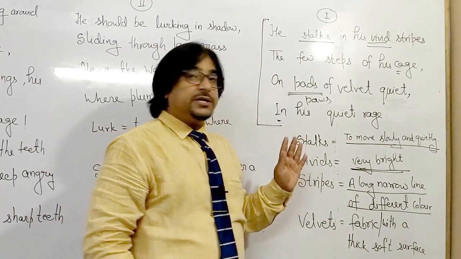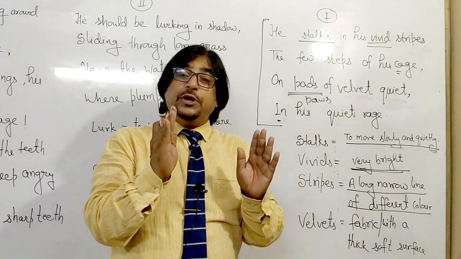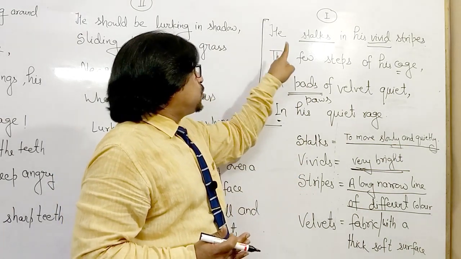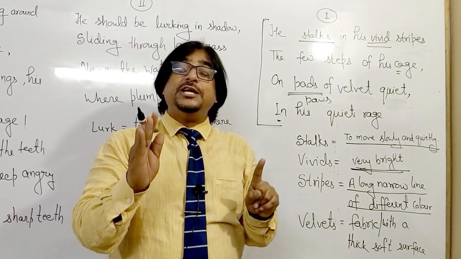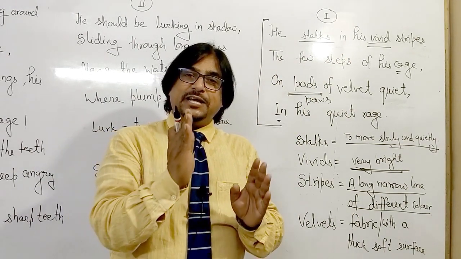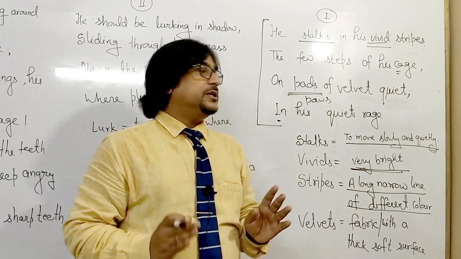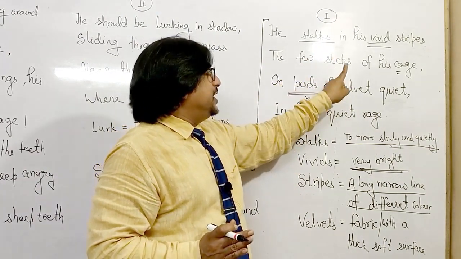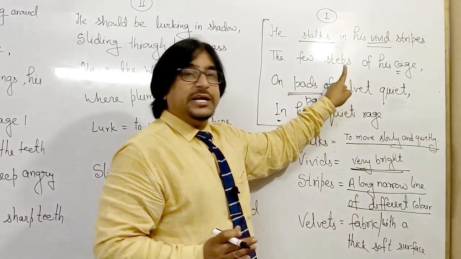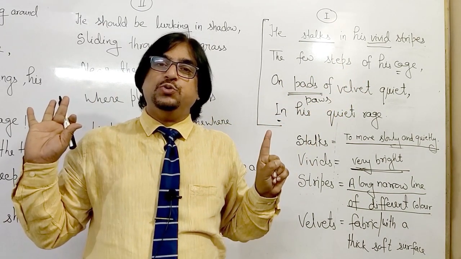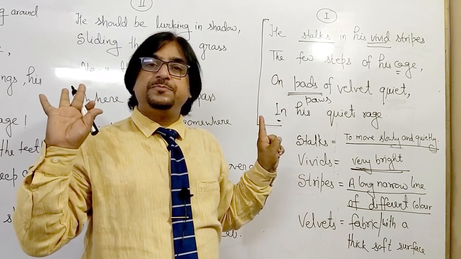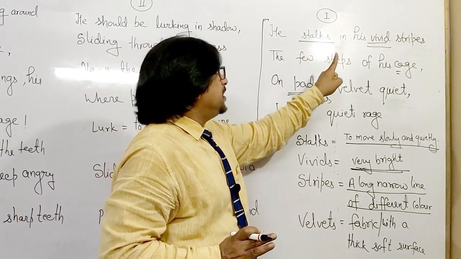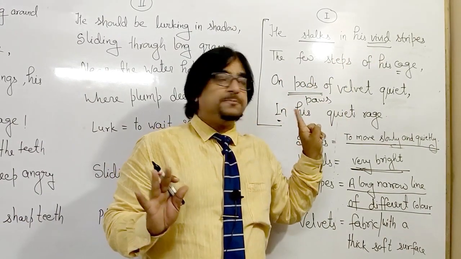So here, what the poet interprets: he stalks in his vivid stripes. Earlier I told you that here the tiger is being treated as a person. So he moves very slowly and quietly in his cage in the zoo, because it is the scene of the zoo. And on his body, vivid stripes are there.